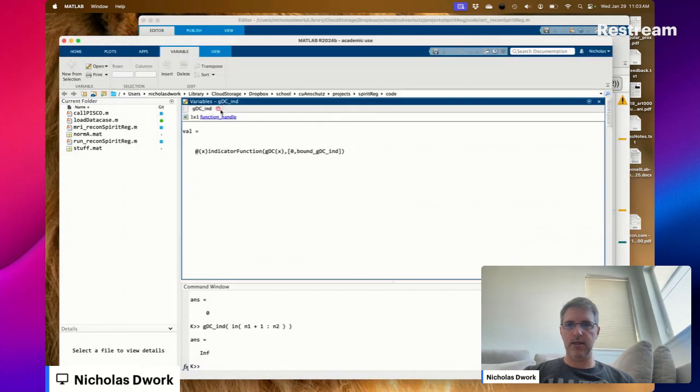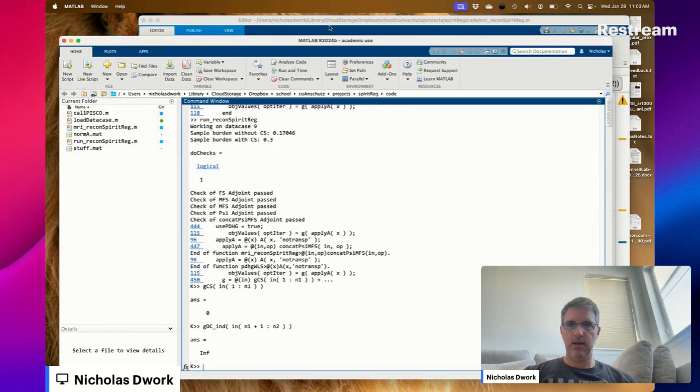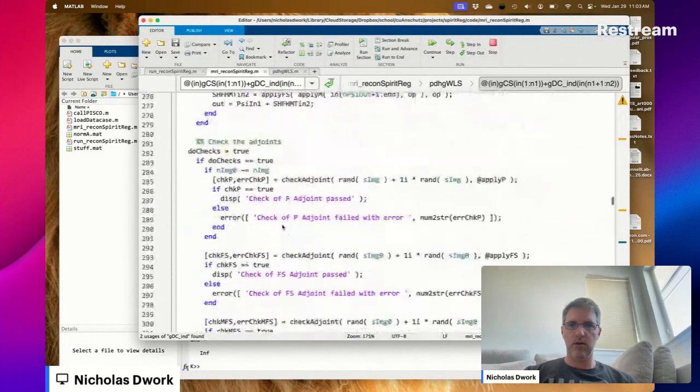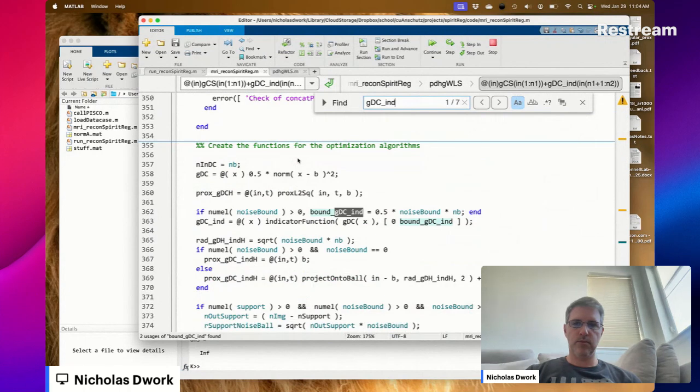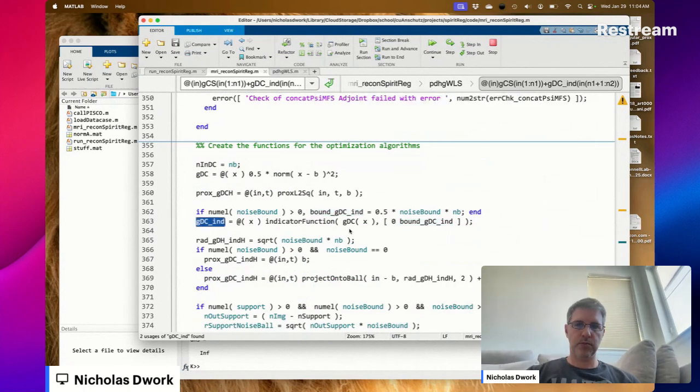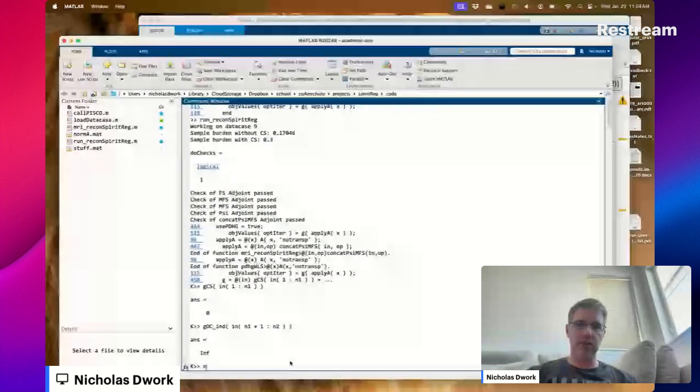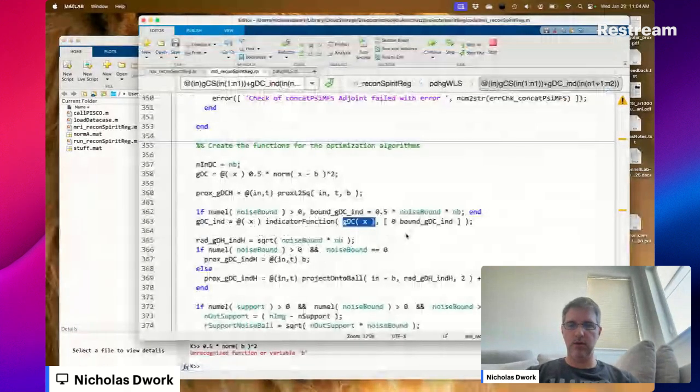Indicator function. This is going to be the norm of b squared, or 0.5 times the norm of b squared.